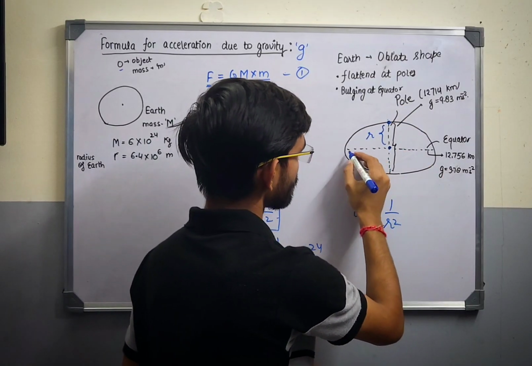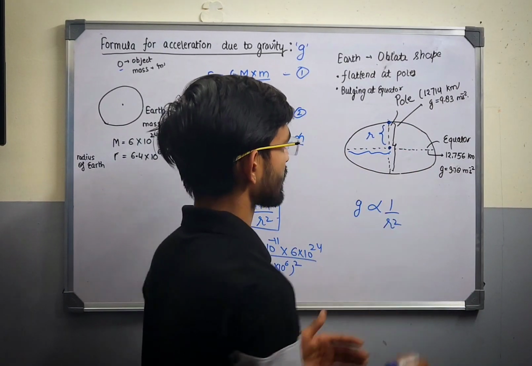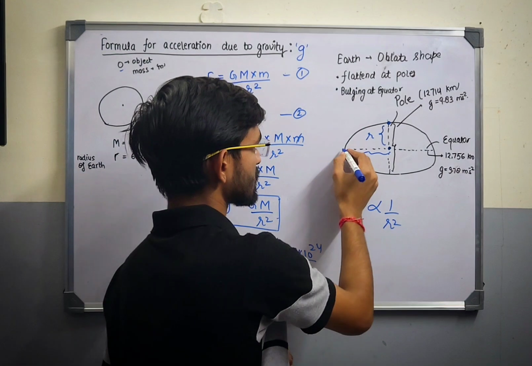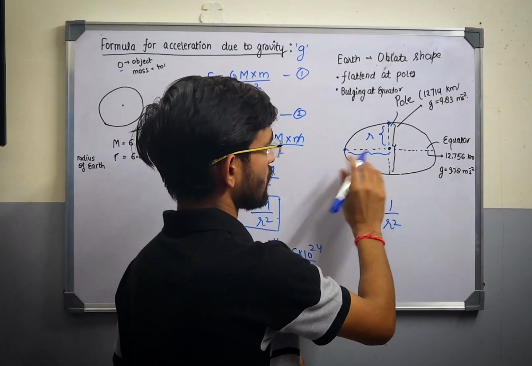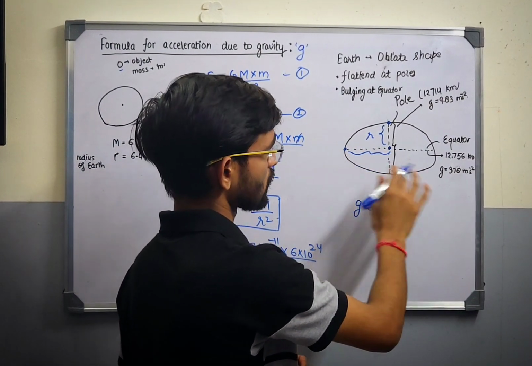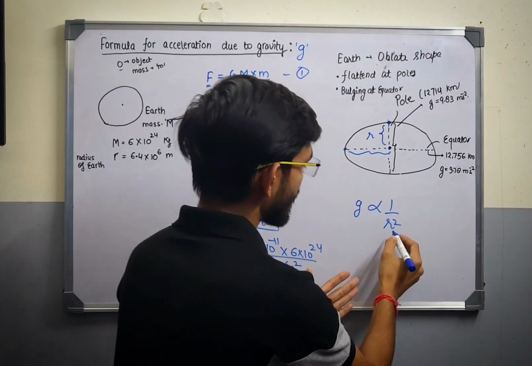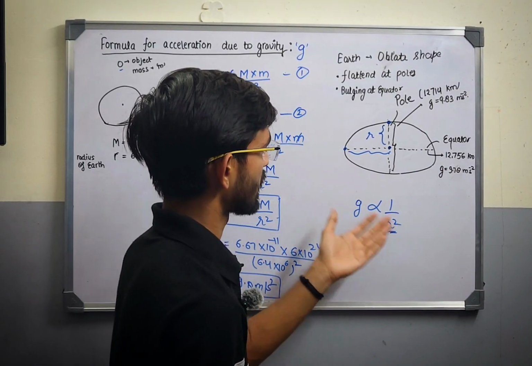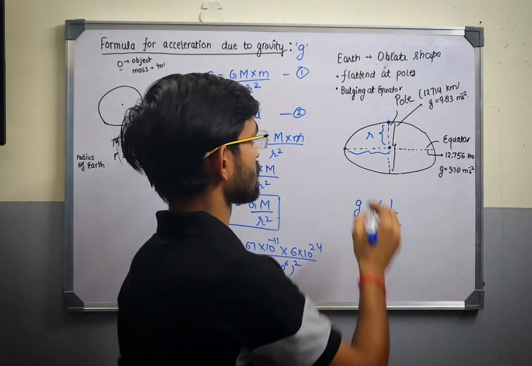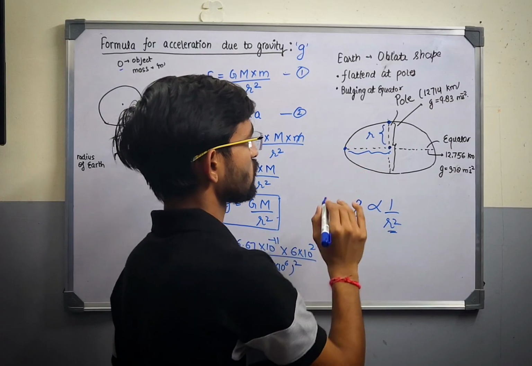Now if we want to find the acceleration due to gravity at the equator, at this point, this radius is more, and as the value of r is more, acceleration due to gravity will be less. So at the equator, acceleration due to gravity will be less.